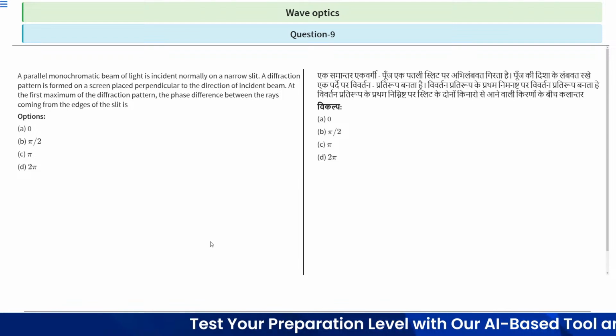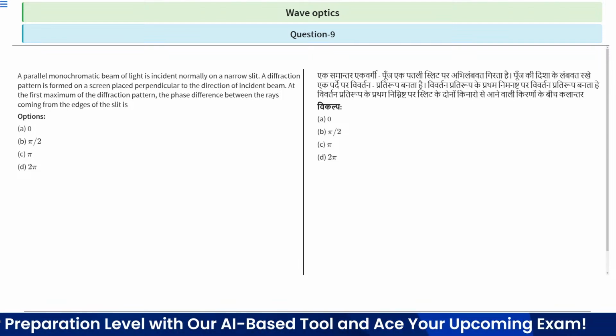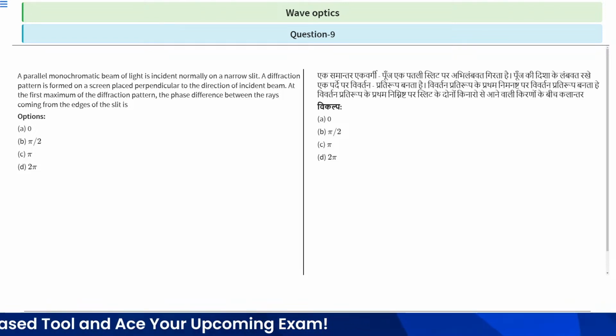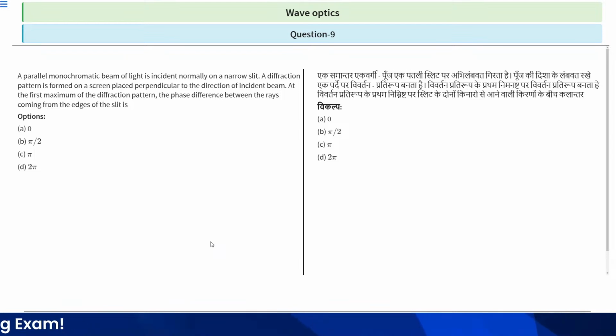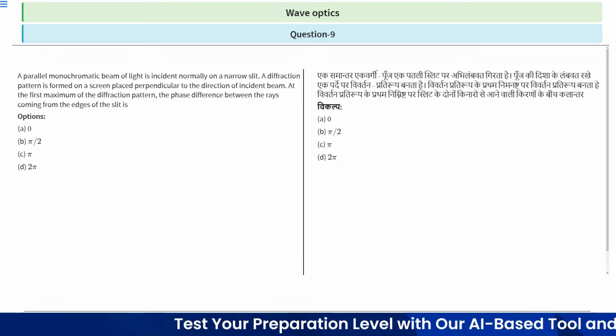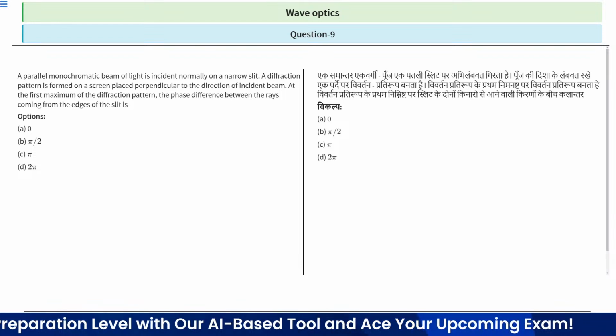Next question. A parallel monochromatic beam of light is incident normally on a narrow slit. A diffraction pattern is formed on the screen placed perpendicular to the direction of incident beam. At the first maximum of the diffraction pattern, what is the phase difference between the rays coming from the edges of the slit?